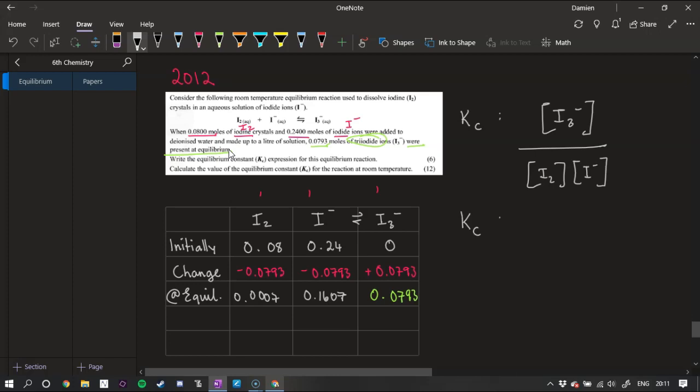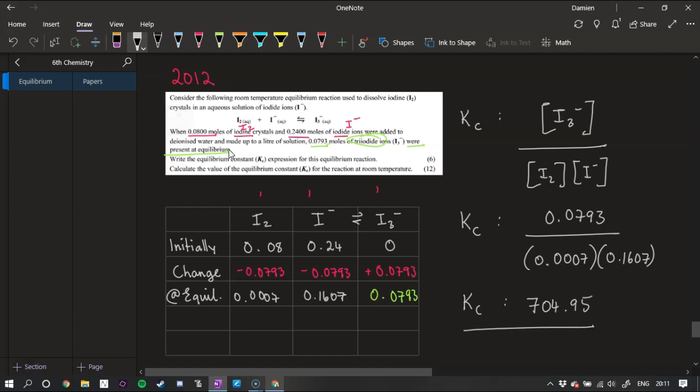Pour in your numbers, stick them into the calculator and see what it works out to be. In this particular example, all that is going to be over 0.0007 multiplied by 0.1607. So Kc then is going to work out to 704.95. And that ends 2012.